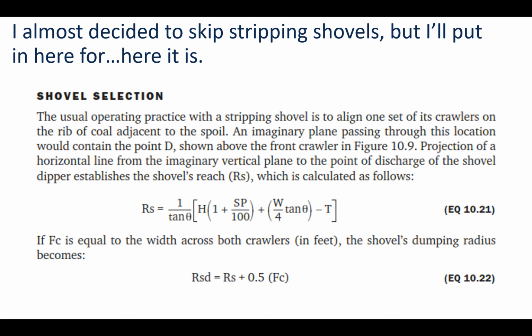And then the dumping radius, so if F sub C is equal to the width across both crawlers in feet, this is giving us a distance towards the center of the piece of equipment. We take the original R sub S and then add half of the F sub C, the width across the crawlers. We get half of that, and that gives us that little bit of extra distance for the dumping radius.